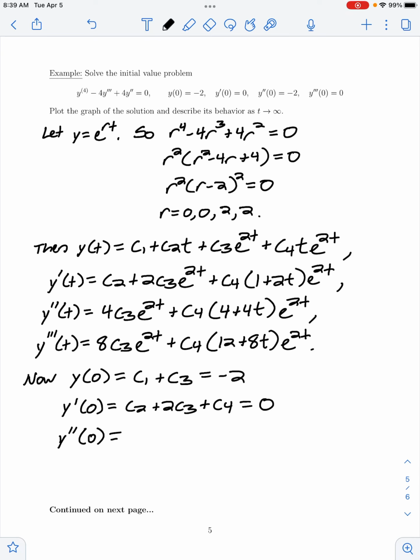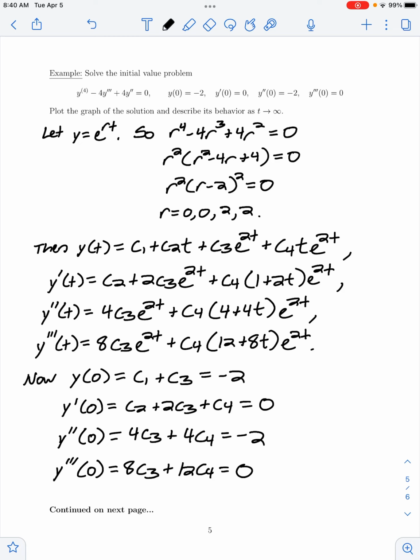Y double prime at time 0 gives us 4c3 plus 4c4, which has to equal negative 2. And then y triple prime at time 0 gives us 8c3 plus 12c4, which must be equal to 0.